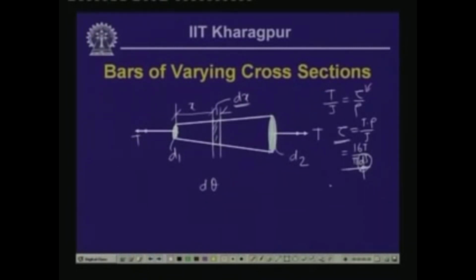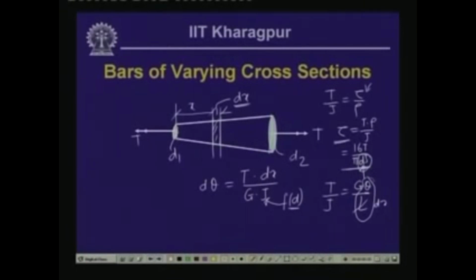Now, as we know, T by J is equal to G theta by L, or for this small segment of length dx and rotation angle d theta, this is equal to T dx by GJ. Now, here J is a parameter which is a function of the diameter, and the diameter in this particular case is varying.